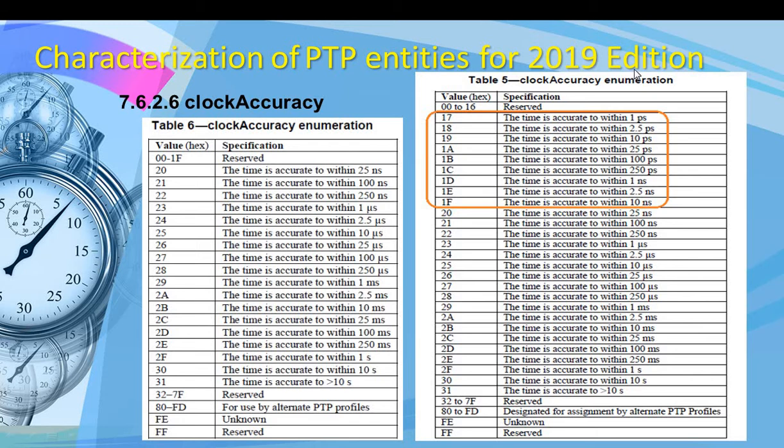But in the 2019 version, values from 0x17 to 0x1F are defined for different clock accuracies: 10 nanoseconds, 2.5 nanoseconds, and so on. The values 0x00 to 0x16 are reserved.